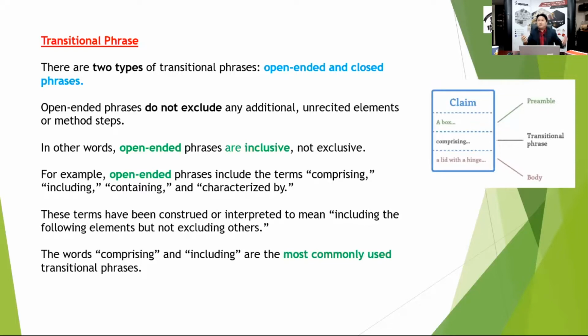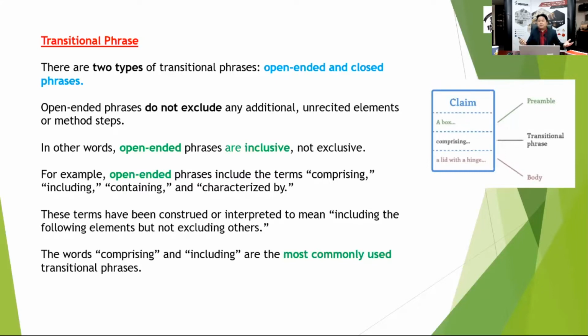A good drafter will always advise you to use open-ended, but in certain cases you are required to use a very narrow one, which is closed-ended. Open-ended phrases are inclusive, not exclusive. You can use words like comprising, including, containing, or characterized by.